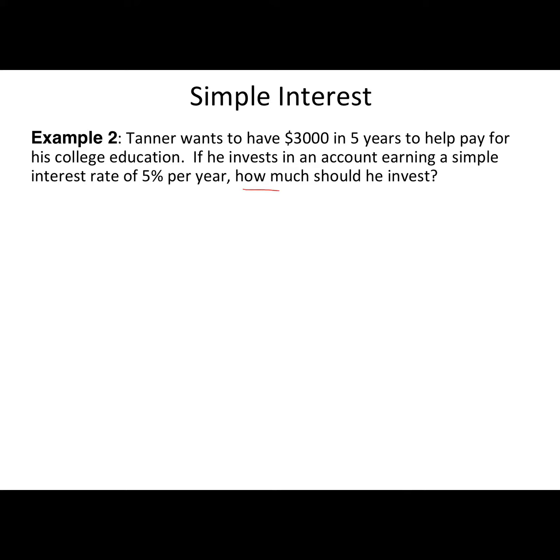Well, it wants to know how much he should invest, so that's P. He wants to have $3,000, that's his A, in 5 years, so there's T. And the only thing missing is R, and here it is. R is 5%. So in decimal form, our rate is 0.05. And it's simple interest, so we're going to plug into the formula.